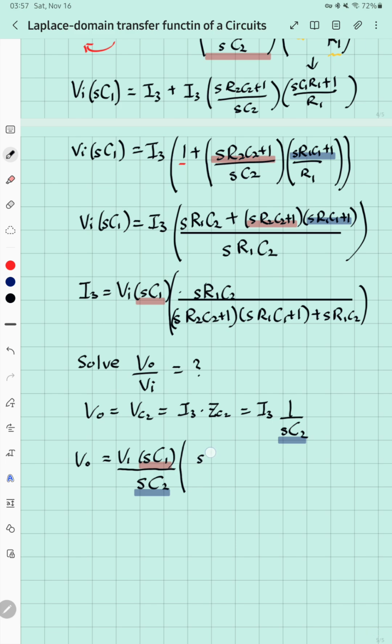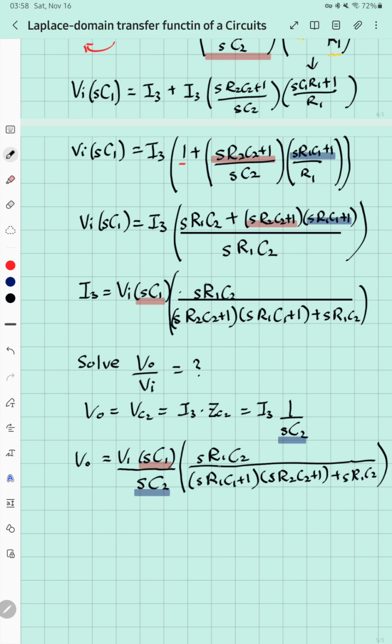And I'm going to write the rest, R1, C2. We can expand it, but we'll just leave it for now. S R1 C1 plus 1, S R2 C2 plus 1, plus S R1 C2.